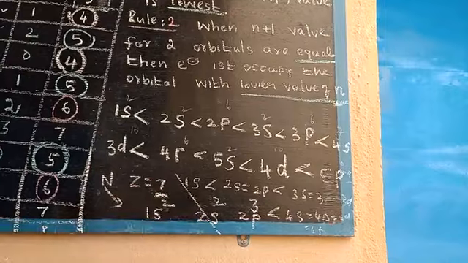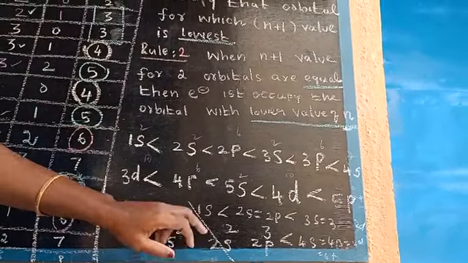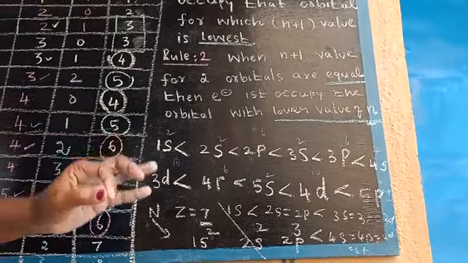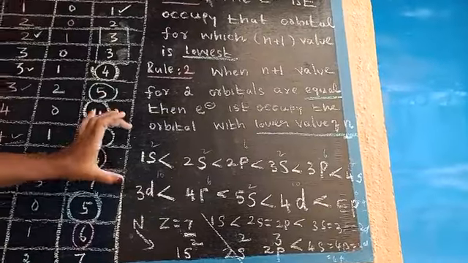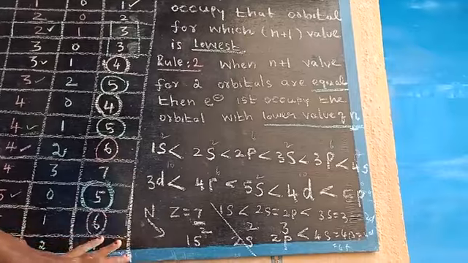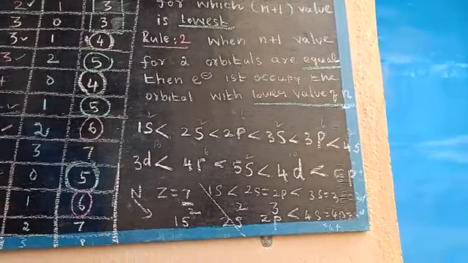So this is the order for one electron system. This one electron order is not suitable for the multi-electron system. So in multi-electron system, follow the n plus l rule and write the energies of orbitals. So this is the correct order. Based on this, write the electronic configuration.